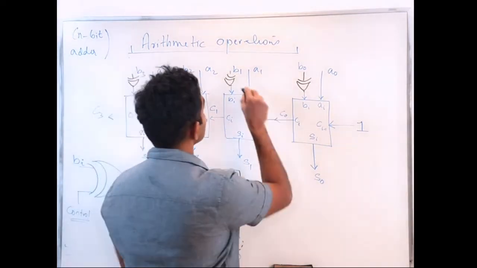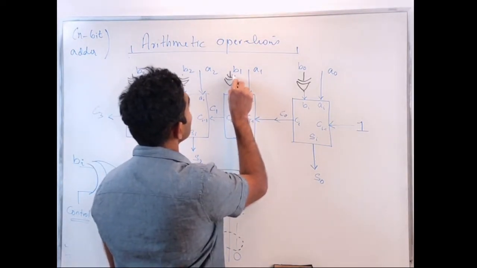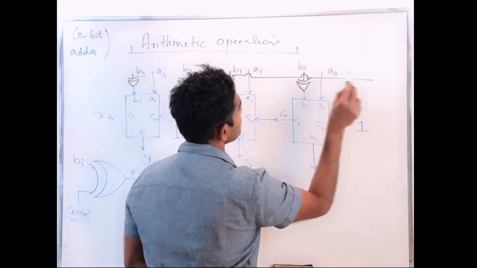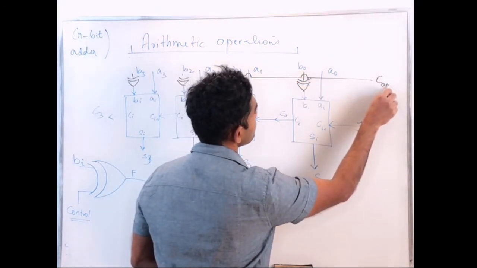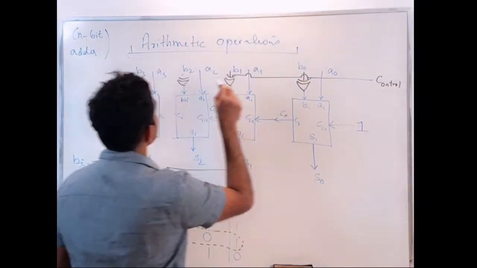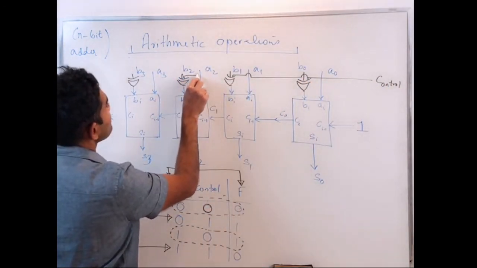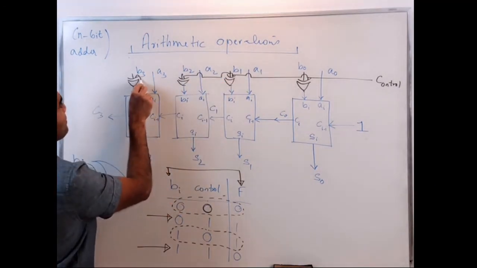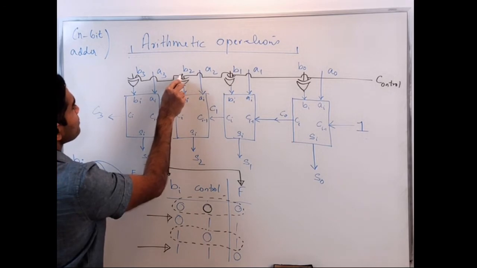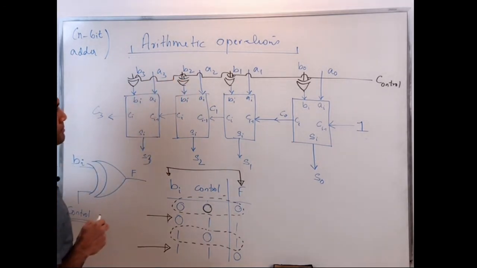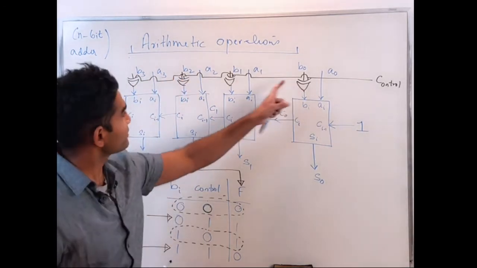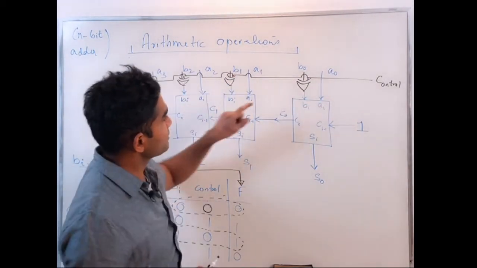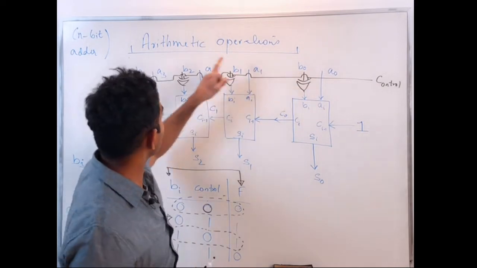So for each of these XOR gates, one input is the control, a common input, and the other input is going to be B0, B1, B2, B3.